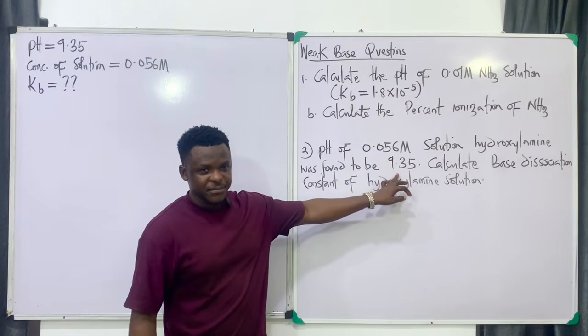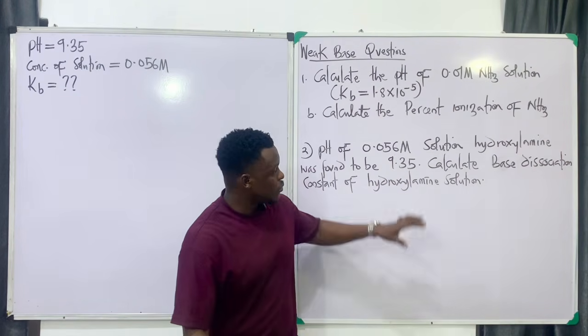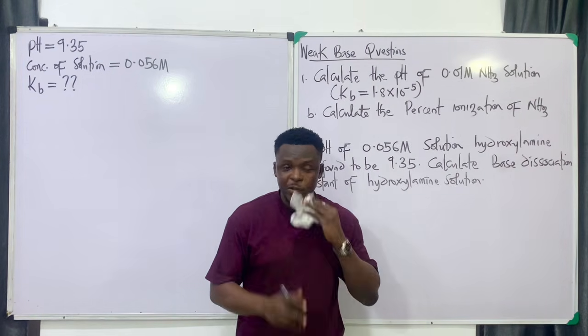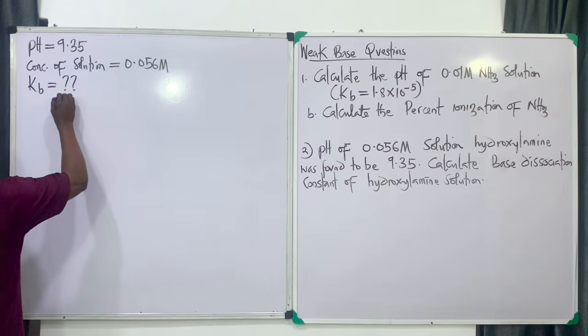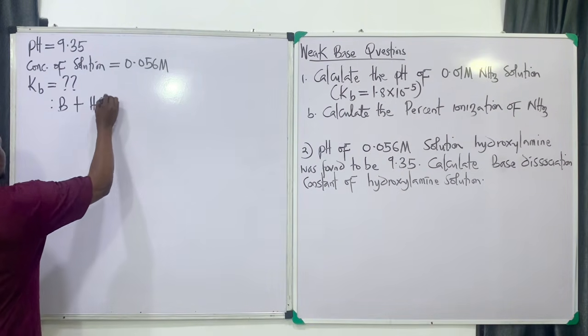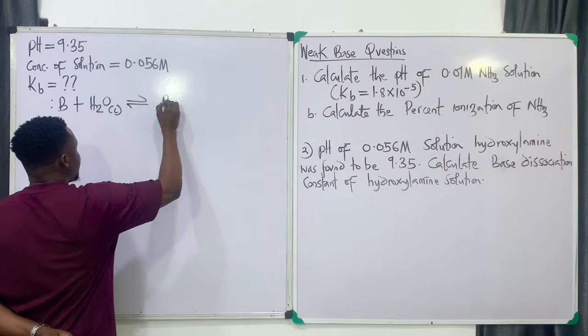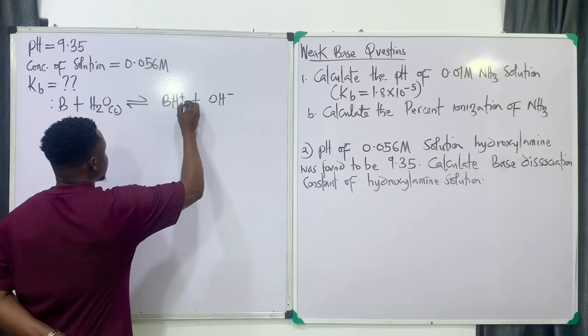Remember, this is a base, right? A base will always give rise to OH minus. But before we proceed, let's do this. Remember, this is the expression for a base. B is a liquid, so we're going to have BH plus and OH minus.